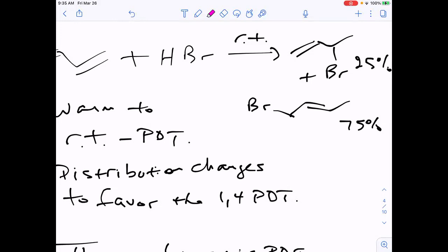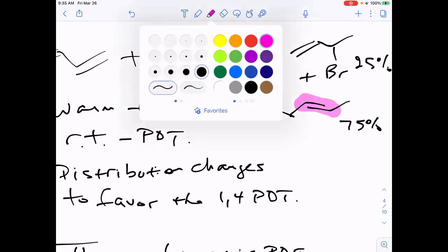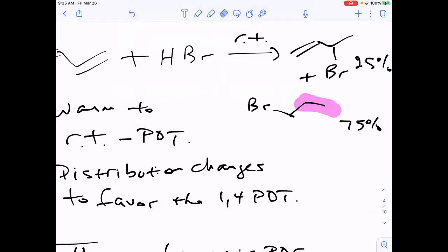Excuse me. So look at this alkene. How is it substituted? What would we call that? Anybody? Look at what's attached. You've got a group out here. You've got a carbon here attached to it, and a carbon here attached to it.